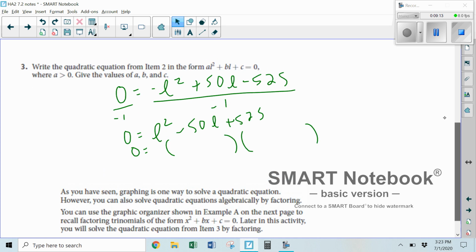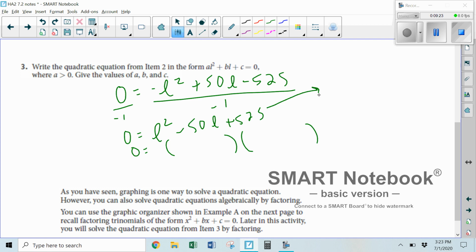Hopefully you have enough room on your paper. So I know 525 is a large number, so go ahead and start thinking of things that multiply to 525. Might want to pause the video. Find 2 numbers that multiply to 525 that add to negative 50.